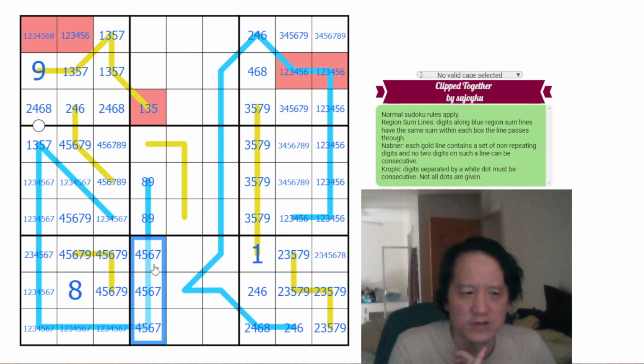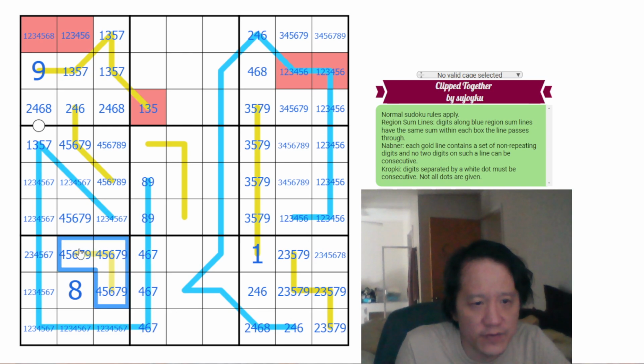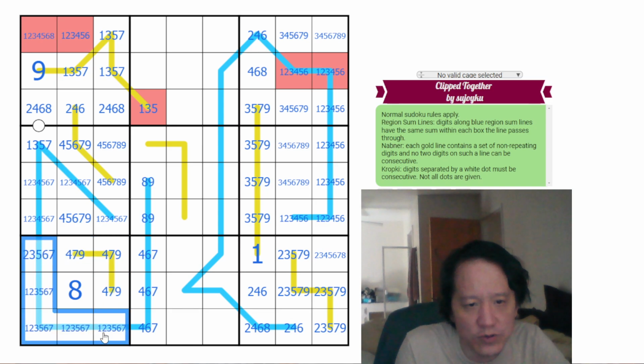Wait, it has to be 4, 6, 7. Yeah, this is 4, 6, 7. This is 4 or 7 or 5 or 6. Say this is 4. It cannot be 5 and 6. It has to be 4 and 7. So this can't be 4 or 7, which means the 7's over here, which means this can't be 7.